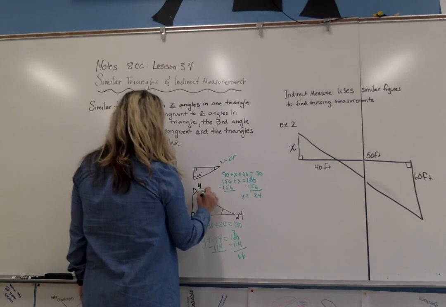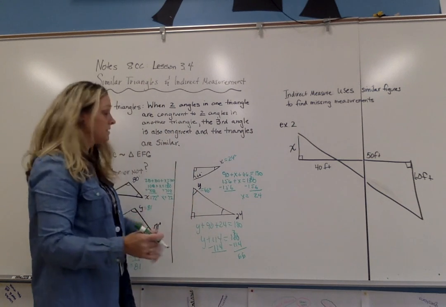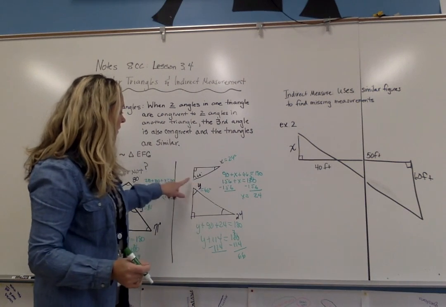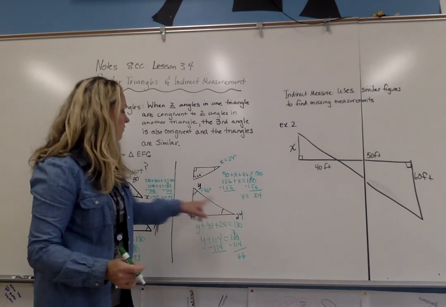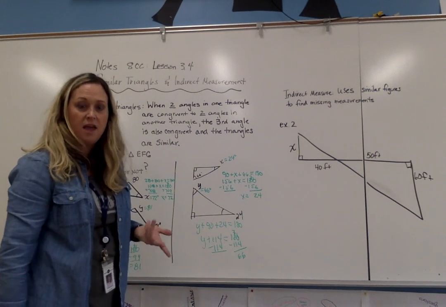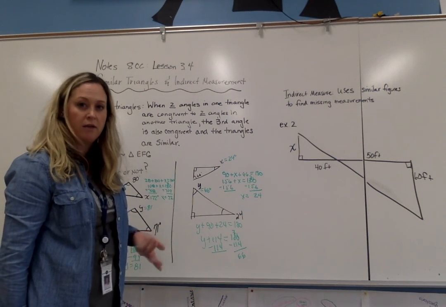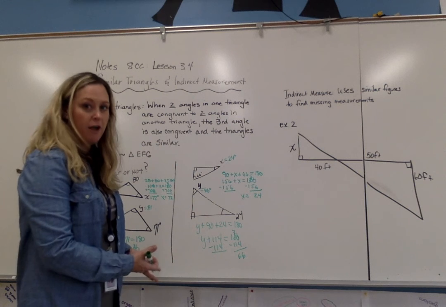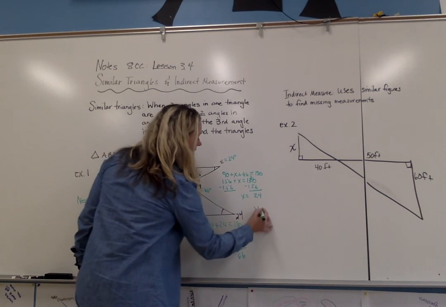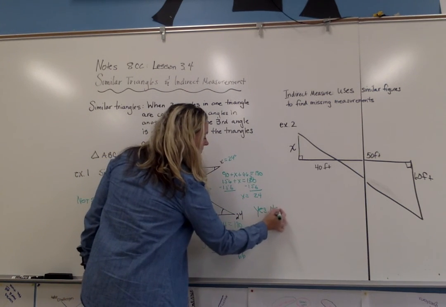So this angle ends up equaling 66 degrees. Oh, wait. I have a 90, a 24, and a 66. Because the angle measurements of these triangles are congruent, therefore the triangles are similar. So I'm going to say yes. Yay. It's similar.